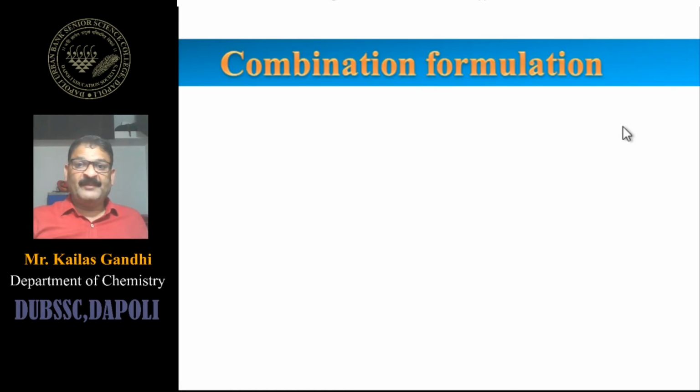Next one is a combination formulation. We are using many things. Many things are combined to prepare tablets, syrups, emulsions, and so on. Okay, so these are the ingredients we have to consider here. First one is a binder.